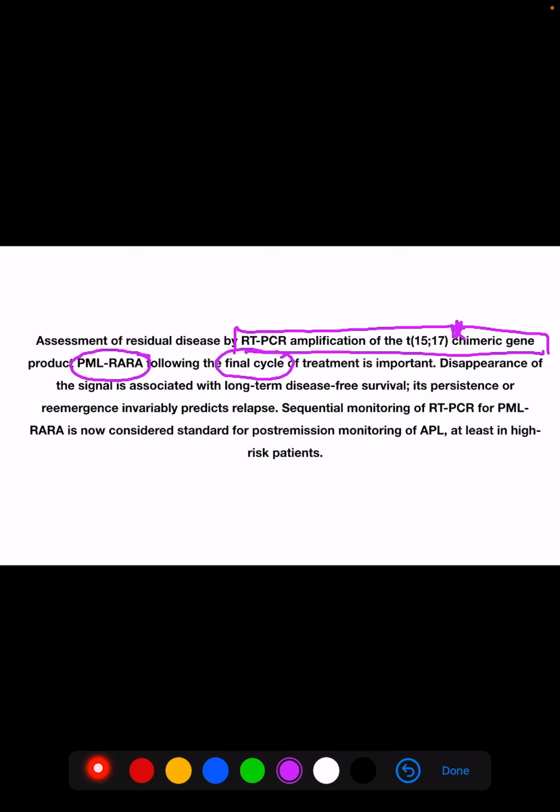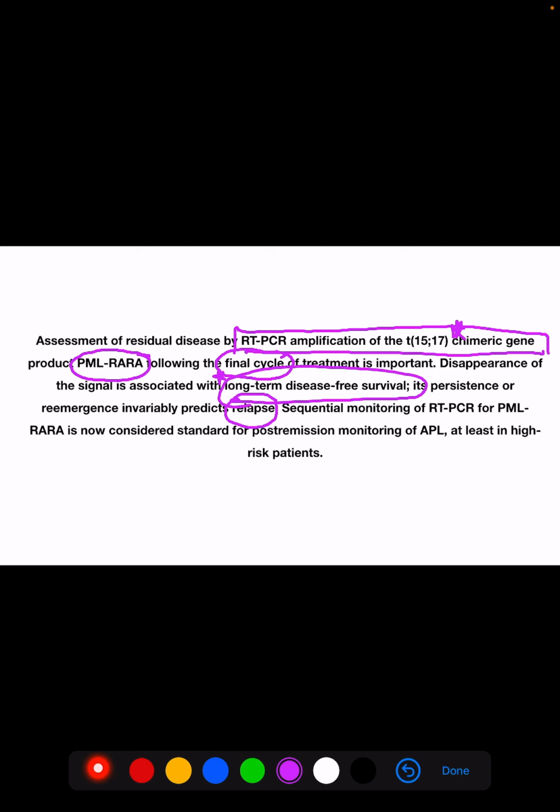If there is a disappearance of this signal, this is associated with long-term disease-free survival. If there is persistence or re-emergence of PML-RARA on RT-PCR, it invariably predicts that the disease has relapsed.